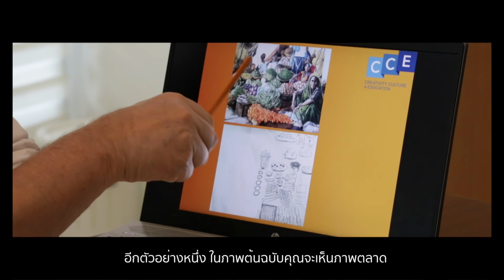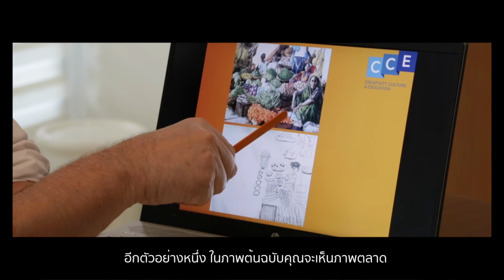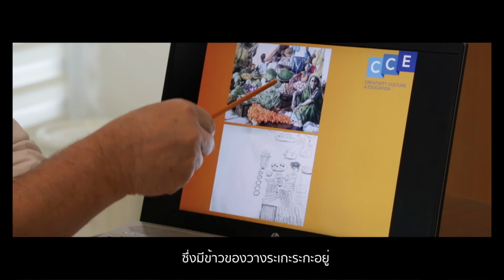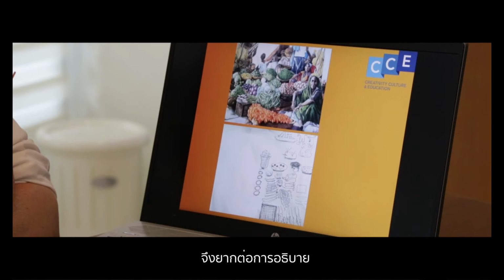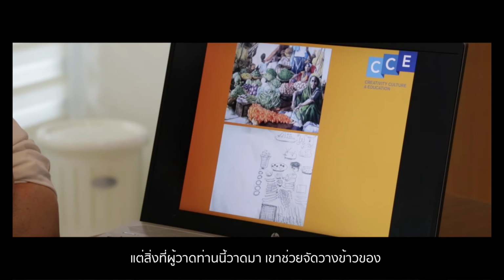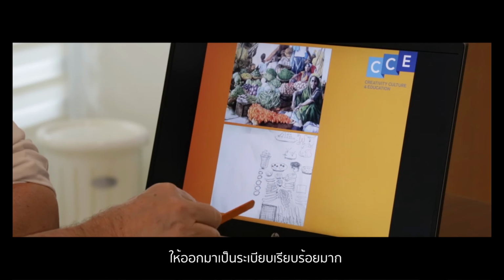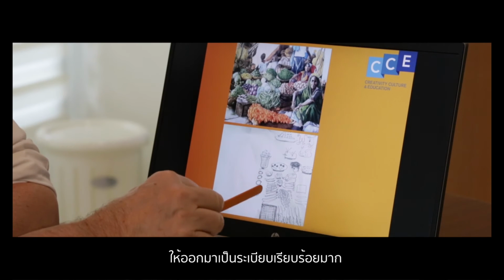Here's another one. In the original, you will see that it's a market scene, and there is a big mess going on here. And it's very complicated to describe. But when the person draws it, they've tidied it up. It has become very neat and organized.